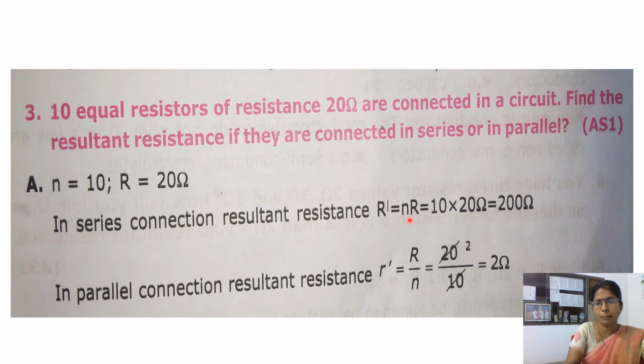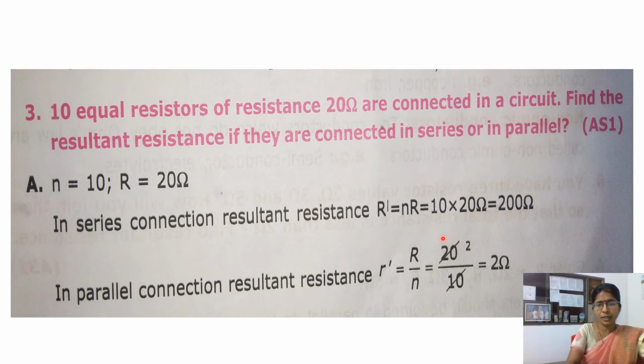So you can multiply them, N into R, and here in this problem N is equal to 10 because 10 equal resistors are taken, each of them having 20 resistance. So here 10 into 20 is equal to 200 ohms.